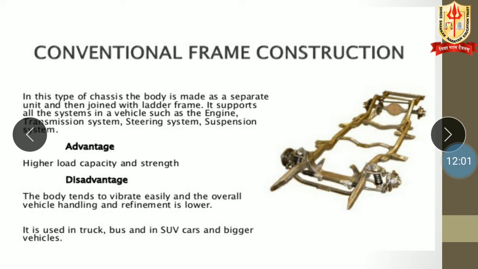Because of that, when the joints are more, the vibration will be more. It is used in trucks, buses, SUVs, cars, and bigger vehicles. These are the applications of it.